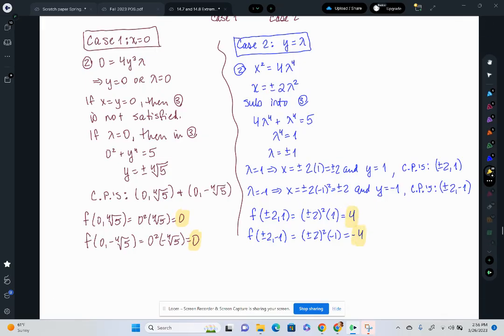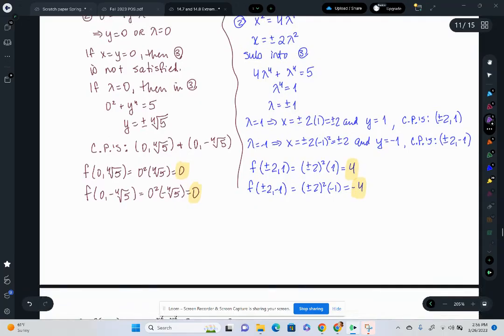Those were all the things that came out of using the Lagrange multiplier method. And so what do these mean? Well, the biggest one is the absolute max. So our absolute max is f of plus or minus 2 with 1. So that's 2 critical points, which gives us 4 every time.